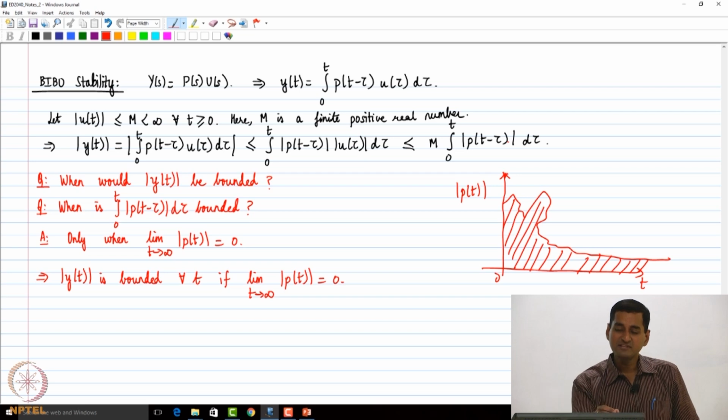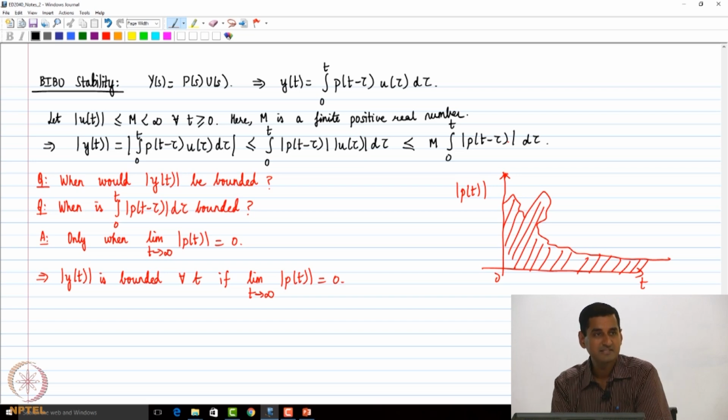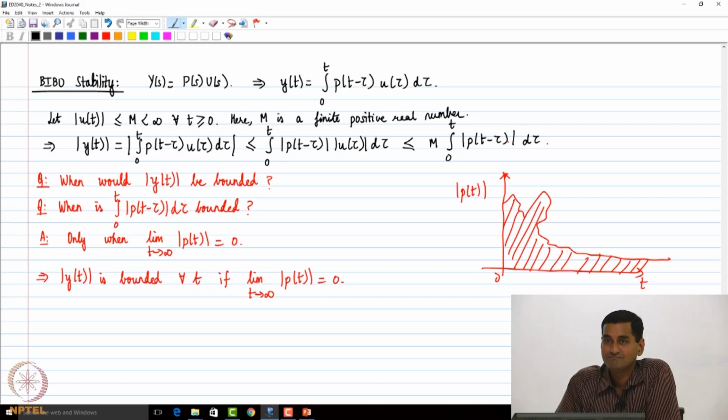So, this is a sufficient condition for BIBO stability. It says that if you give me the impulse response, and the impulse response decays to 0 as time t tends to infinity, then my system is BIBO stable.